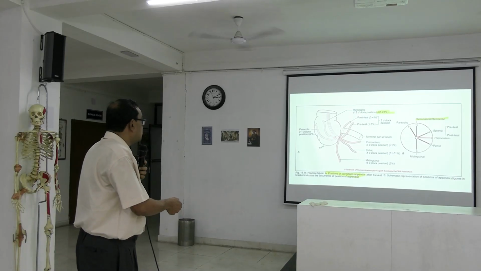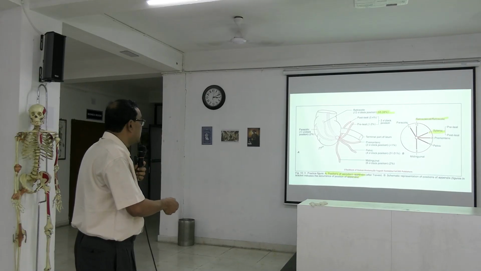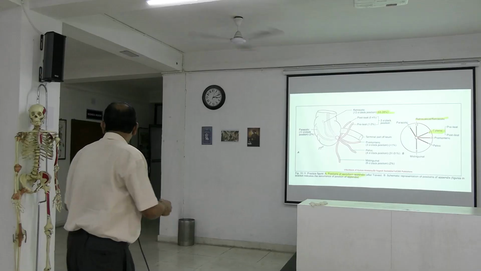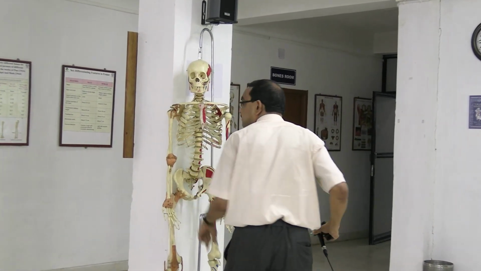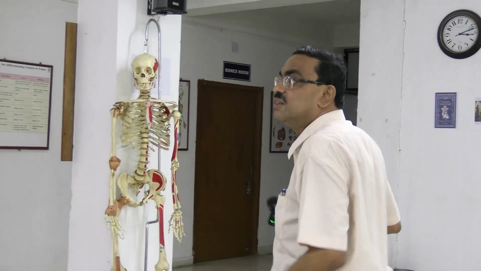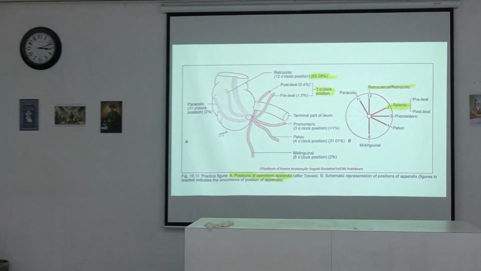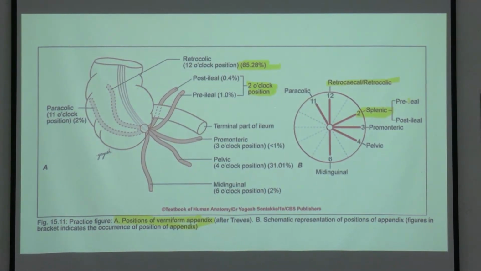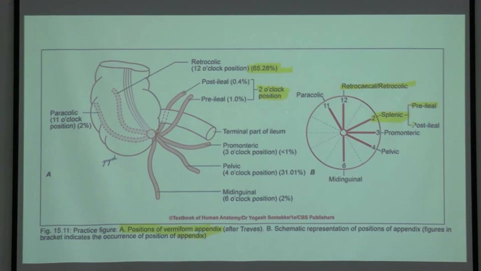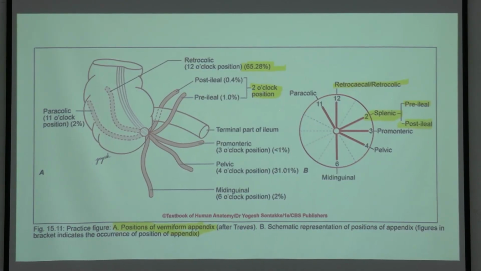It may be directed towards the spleen. That means it is called the 2 o'clock position or the splenic type, towards the spleen.